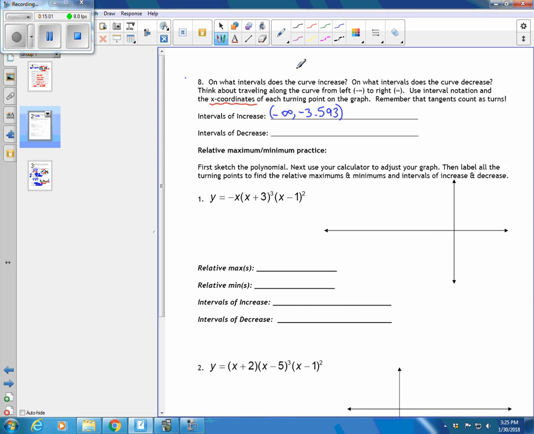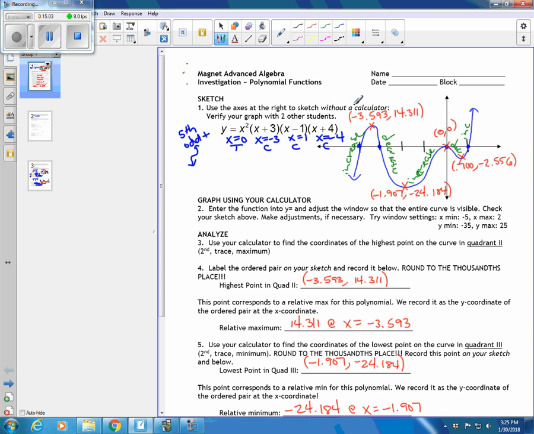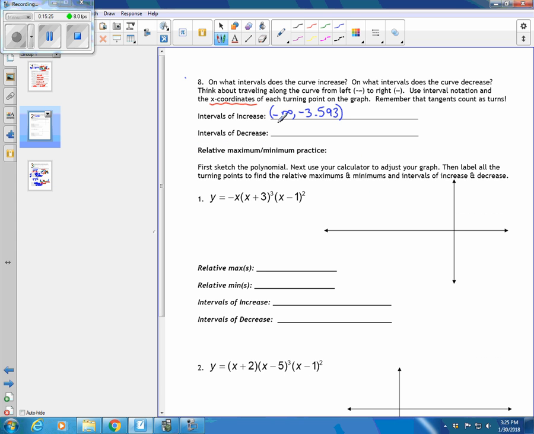That is the x-coordinate of that first turn. Then this is a decreasing section, and that's going to go from this x to this x. You don't have to go in order. You can do all the increasing and then all the decreasing, or you can alternate. So negative infinity to negative 3.593 is the first increase. Negative 3.593 to negative 1.907 is the first decrease.